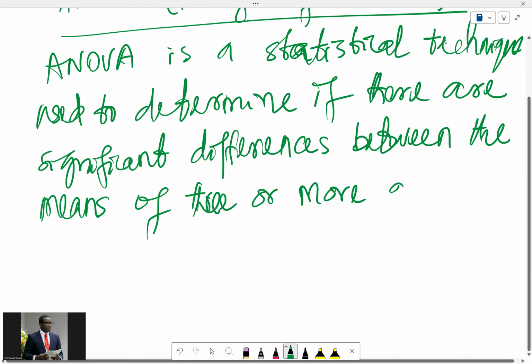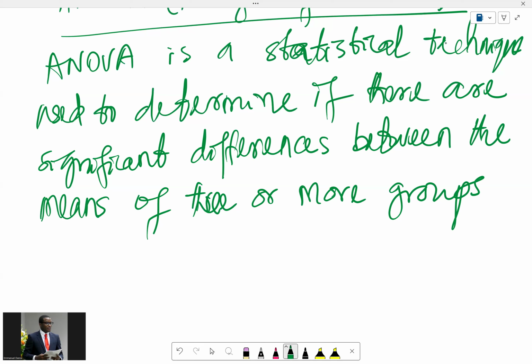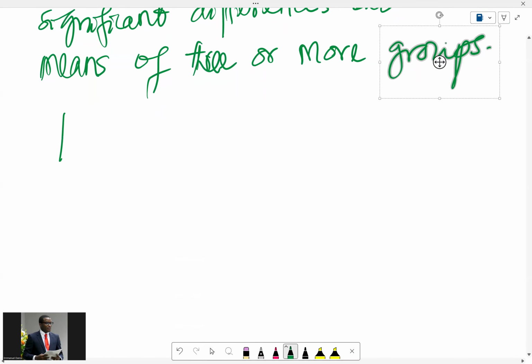So remember that things like t-test and z-test are just meant for two groups. But here, once you have three or more groups, you can talk about ANOVA.